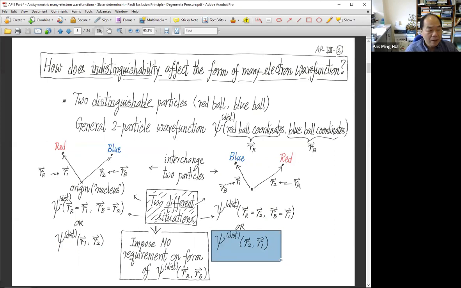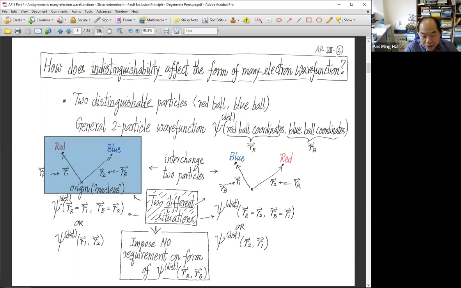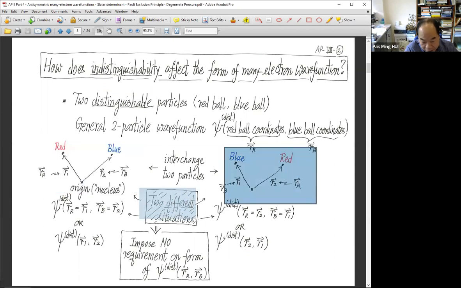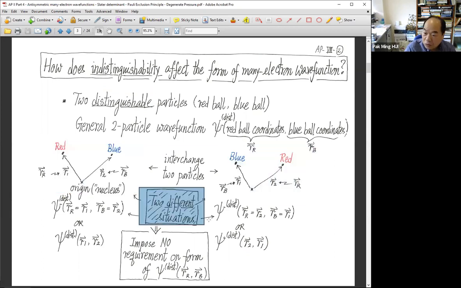All right? Now, they are different or distinguishable particles. The point is, this is a different situation than that. So I shaded this, highlight this point. There are two different situations.